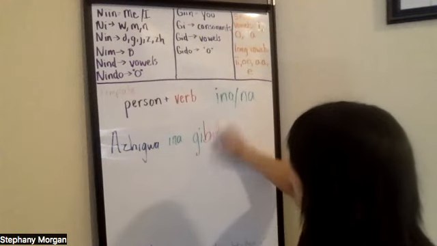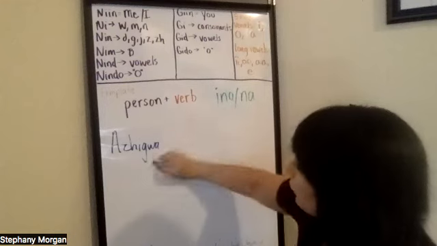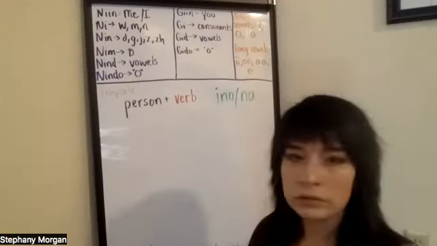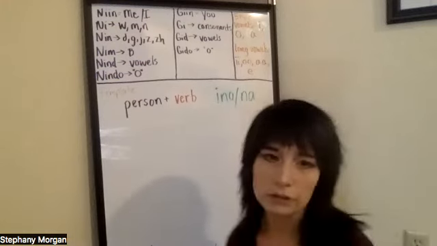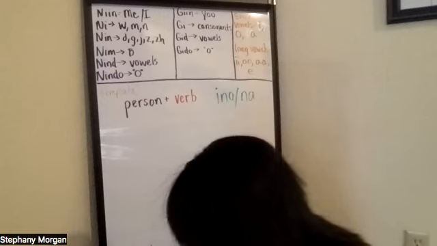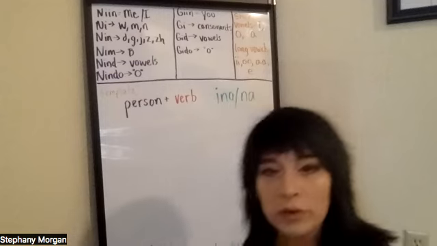So let's say someone just asked you, are you hungry right now? And you want to tell them, no, I'm not hungry right now, or no, I'm not hungry. In this case, we add to our template.